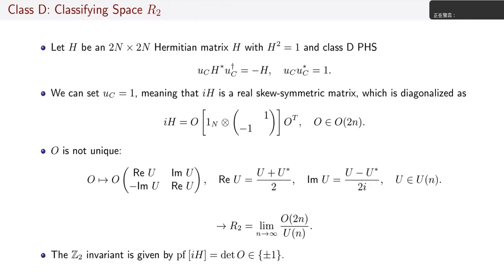A quick question. You mentioned at some point that the bulk-edge correspondence is broken. So if we classify the Hamiltonian, why is it useful for us to classify it if the bulk-edge correspondence is broken?